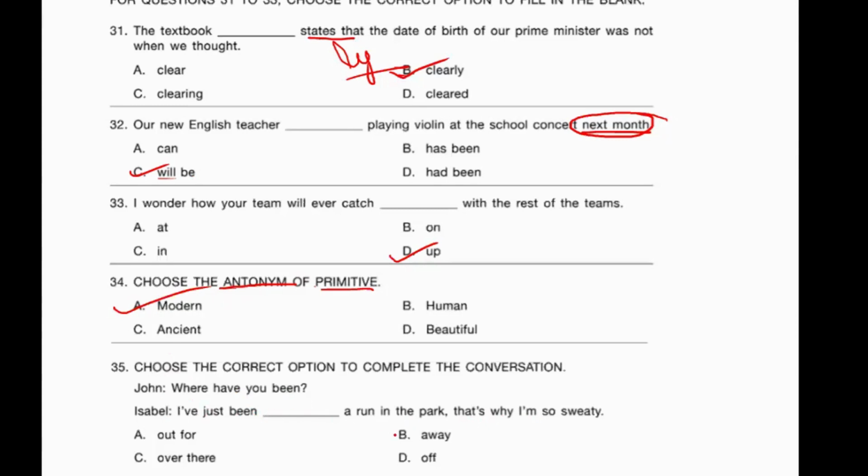You can't say I have just been away a run. This is not the correct one. And over a run in the park, no. Off a run, no. So the correct phrasal verb you have to use here is out for a run. I have just been out for a run in the park. That's why I'm so sweaty.